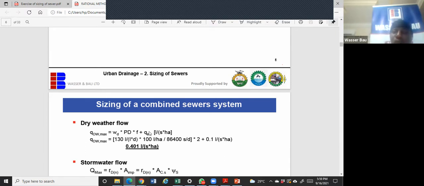So the code provides for you to bring in 0.1 liters per second for every hectare as infiltration water. So to get the dry weather flow, you multiply the specific wastewater flow by the population density, convert it to seconds, multiply by a safety factor or peak factor, and then add infiltration flow. You will get the flow per hectare.